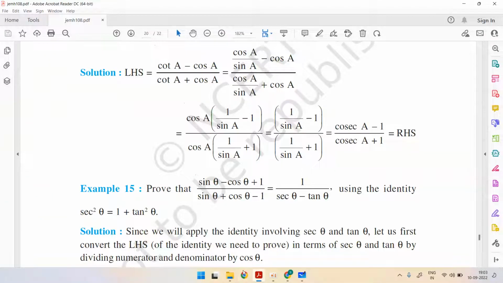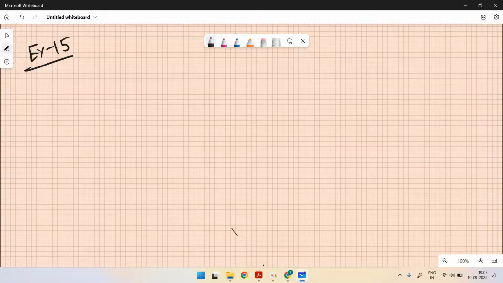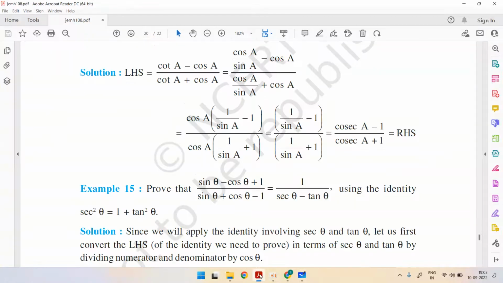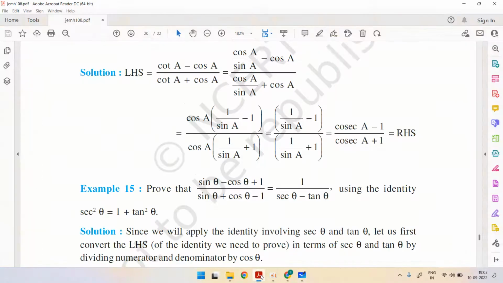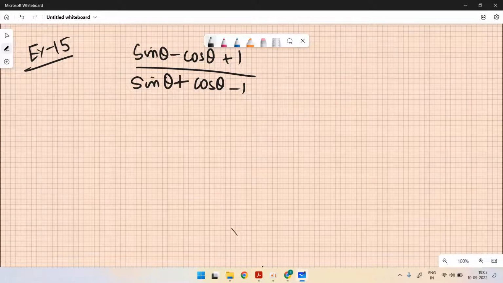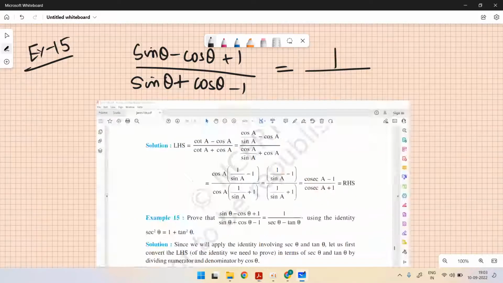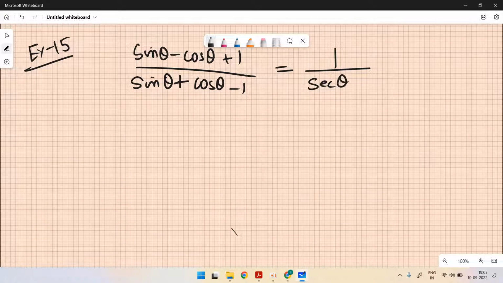You need to prove that sine theta minus cos theta plus 1 by sine theta plus cos theta minus 1 equals 1 by secant theta minus tan theta.